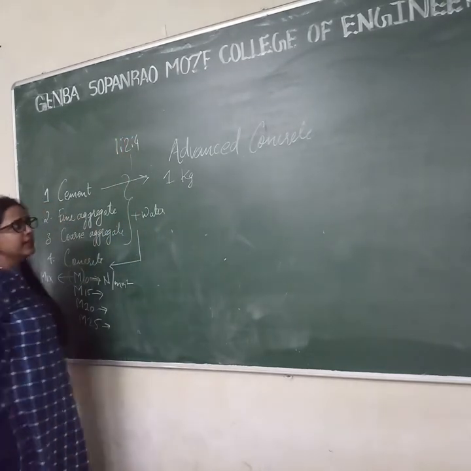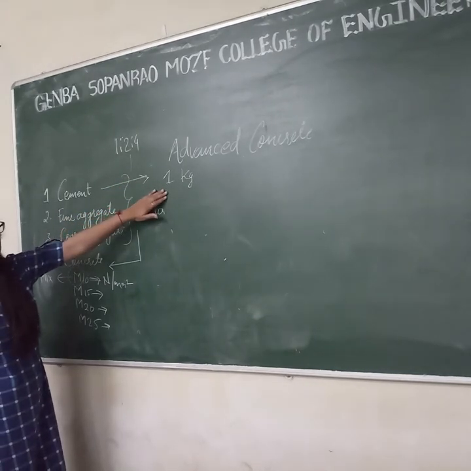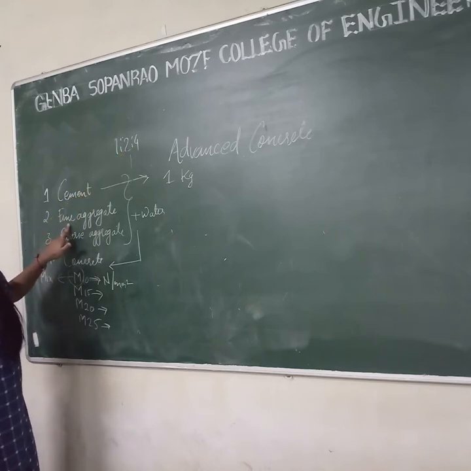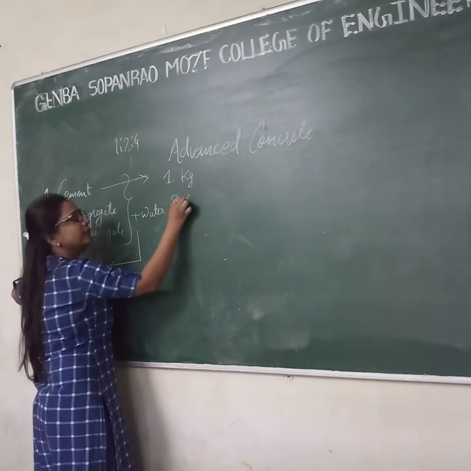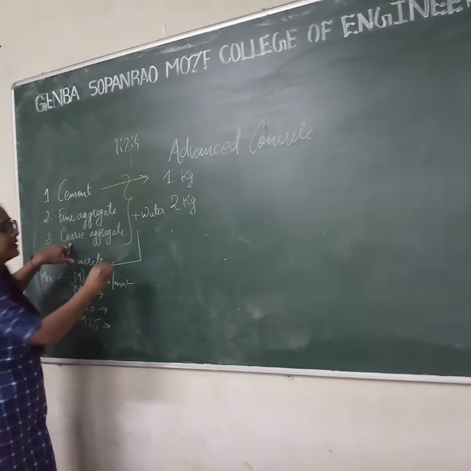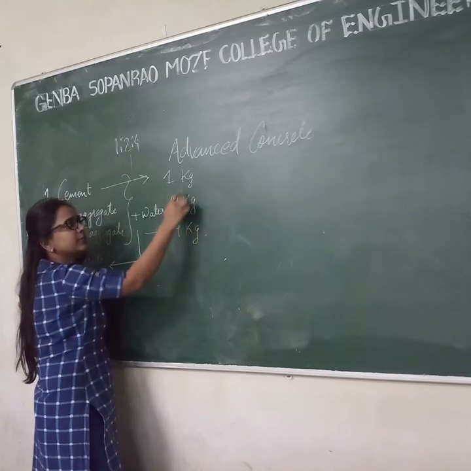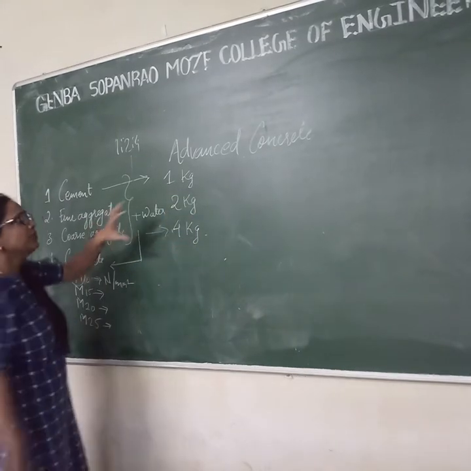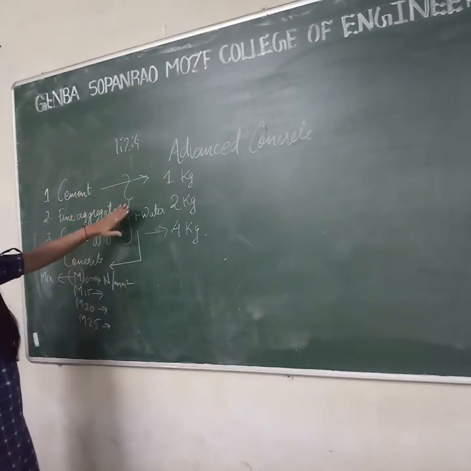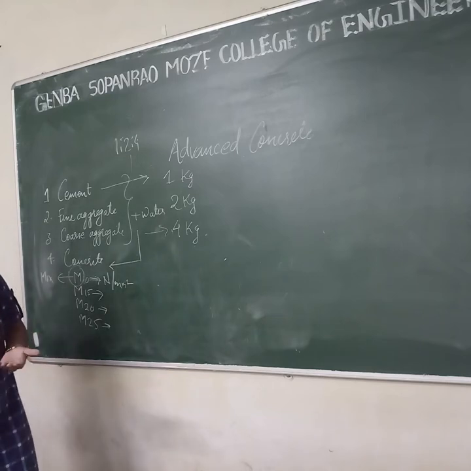So 1 kg for cement, 2 parts for fine aggregate, so 2 kg for fine aggregate, and 4 parts for coarse aggregate, so 4 kg. So 1 kg, 2 kg and 4 kg. You will get the strength according to 1:2:4, with water for that.